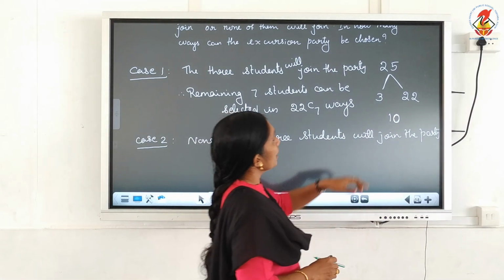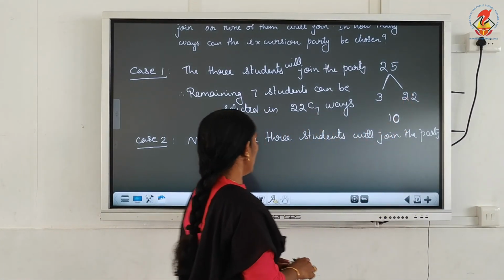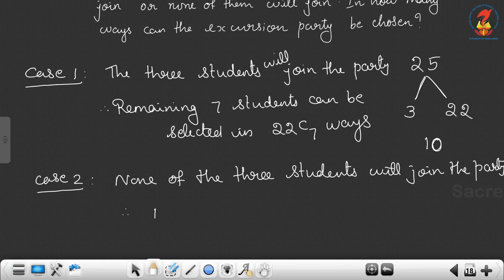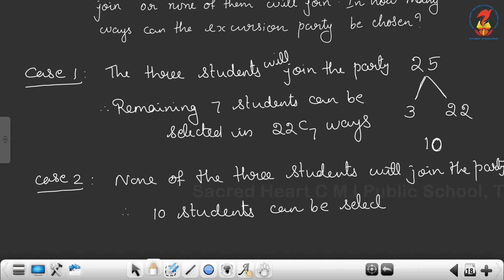That 10 from again 22. Therefore 10 students can be selected from 22 in 22C10 ways.